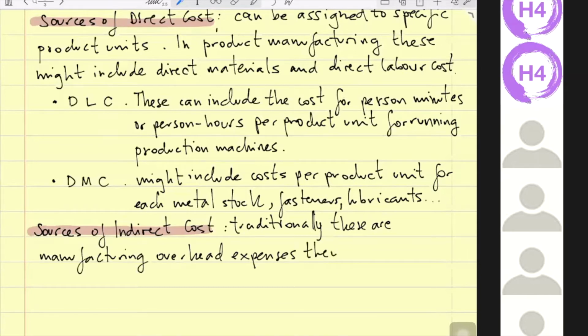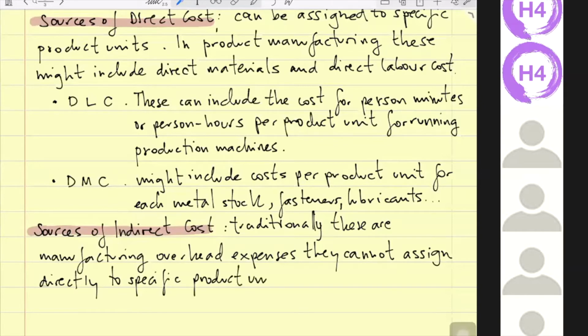They cannot be assigned directly to specific product units. Das ist die Frage vorher von dem Lukas. Okay.